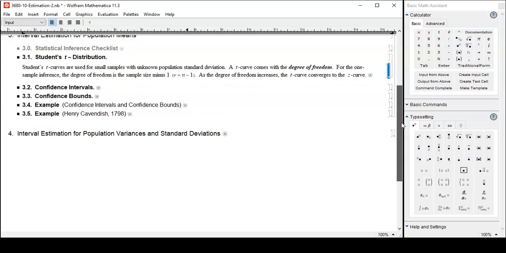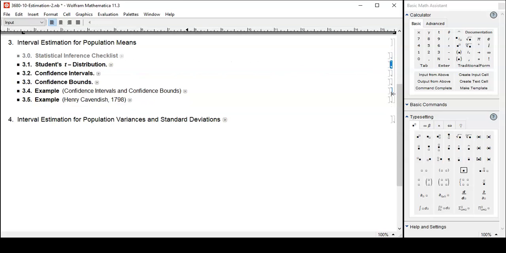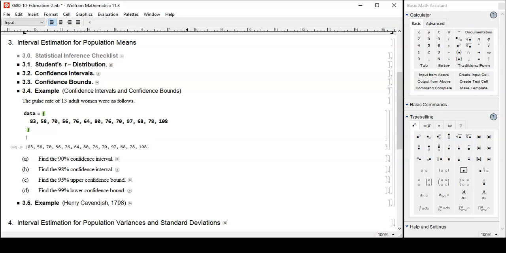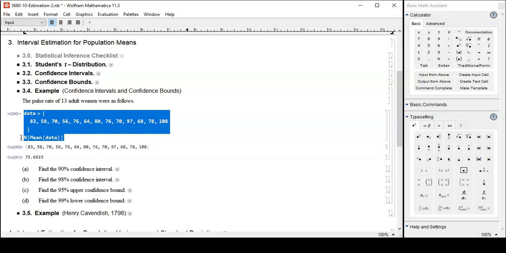Now, how do we utilize the t-curve? Well, let's go to an example problem. The pulse rate of 13 adult women were as follows, and then we have this data. And then from here, we can find out the mean and the sample standard deviation.